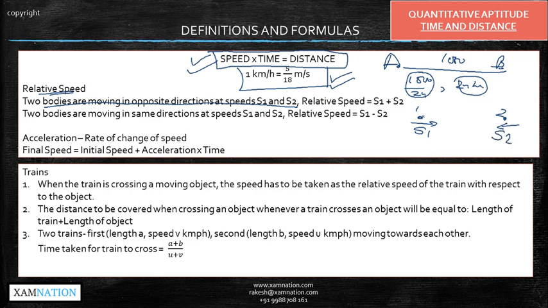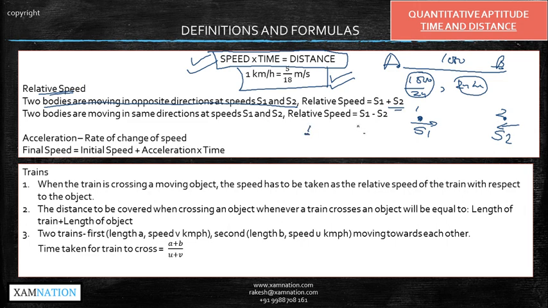So for example, I'm driving this car, and for me the relative speed with respect to s2, the incoming opposite speed, is s1 plus s2.